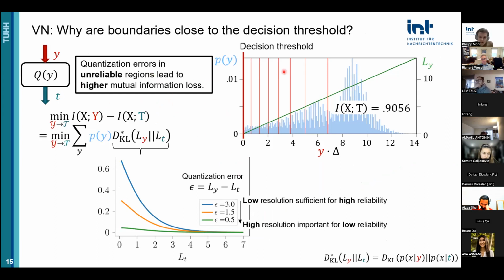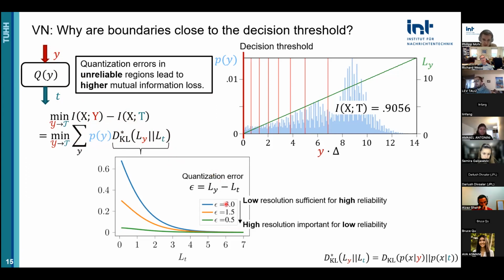Yeah, and actually the placement here of the boundaries can be explained by looking at the optimization criteria. So what we want is to minimize the loss of the mutual information at the input and at the output. And we can reformulate this equation and see that we have here the addition over the Kullback-Leibler divergences, which measures the similarity between the quantized representation and the observed representation.